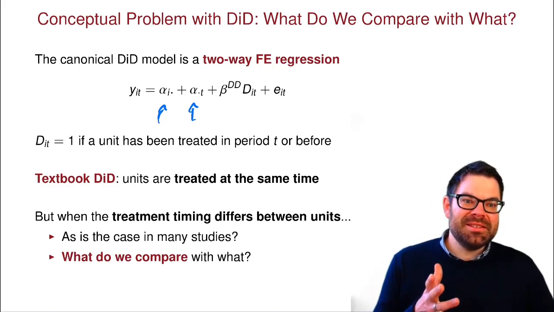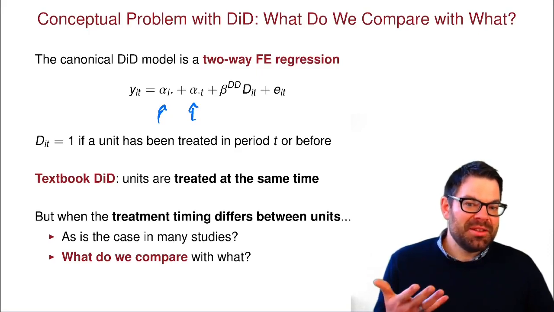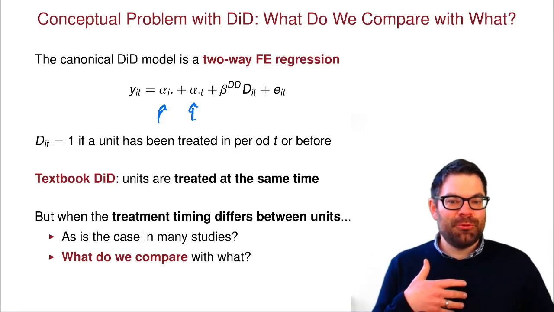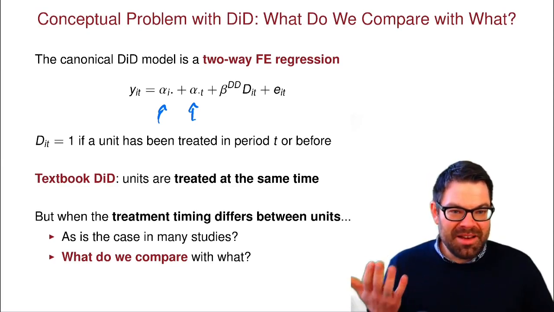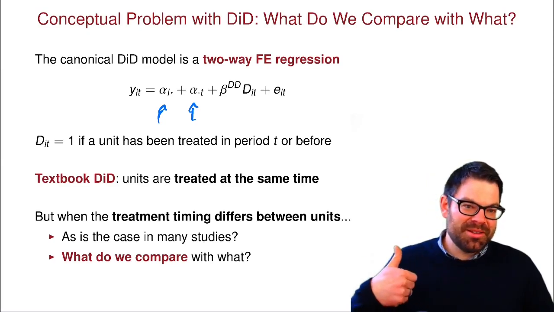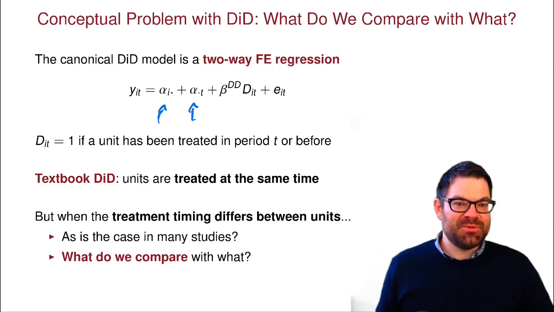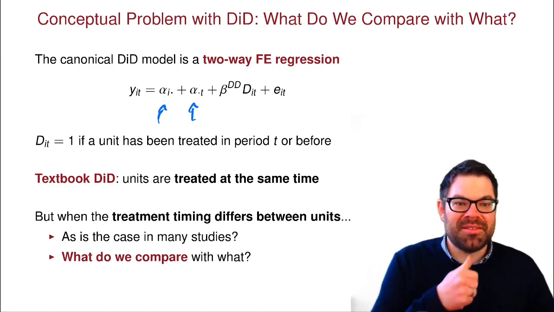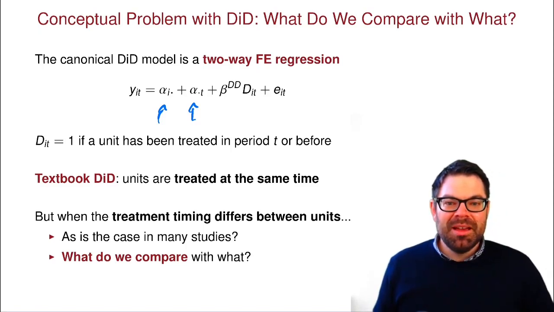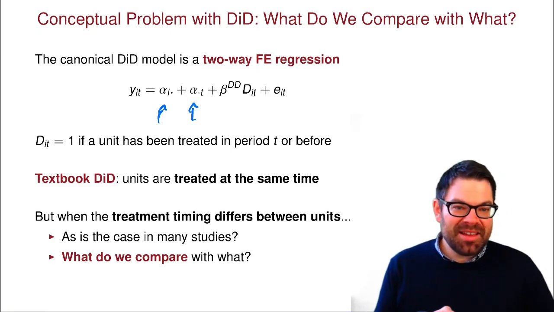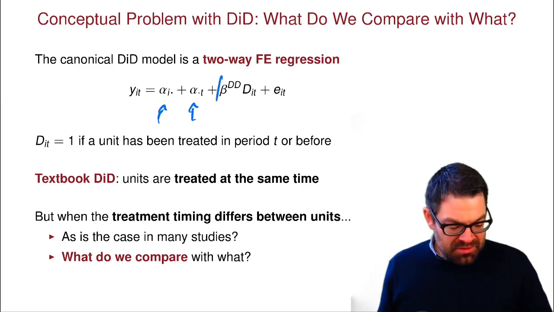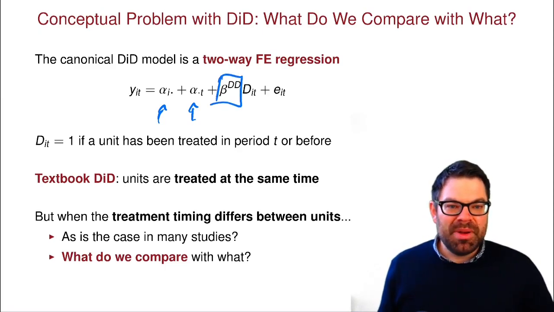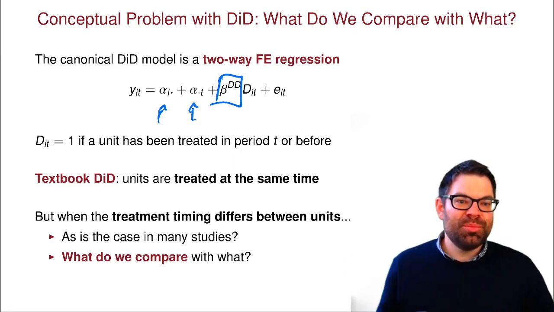But in many cases, that's not the case, because we have many treatments that are rolled out across states, for example. There are some progressive states that start with a policy and then other states follow suit. And if that's the case, then interpreting this coefficient beta here as a difference in differences is getting a lot harder, because we no longer can say what we compare with what.